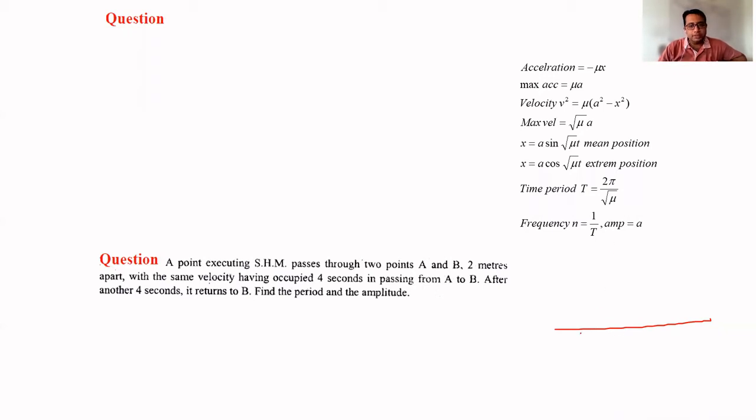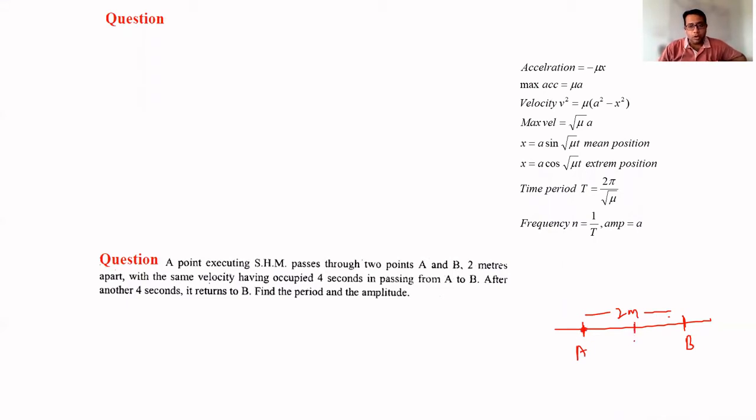There are 2 points A and B on the line of motion of the particle, and the distance between these 2 points is 2 meters. And the particle passes through these 2 points with the same velocity.